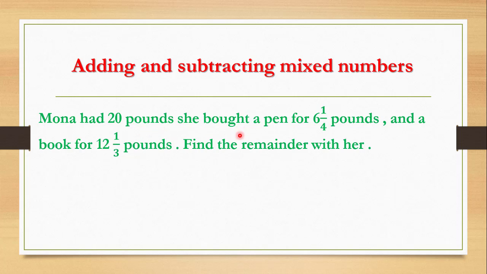At first I should calculate how much she paid. So I'll add the cost of the pen and the cost of the book: 6 and 1 over 4 plus 12 and 1 over 3.